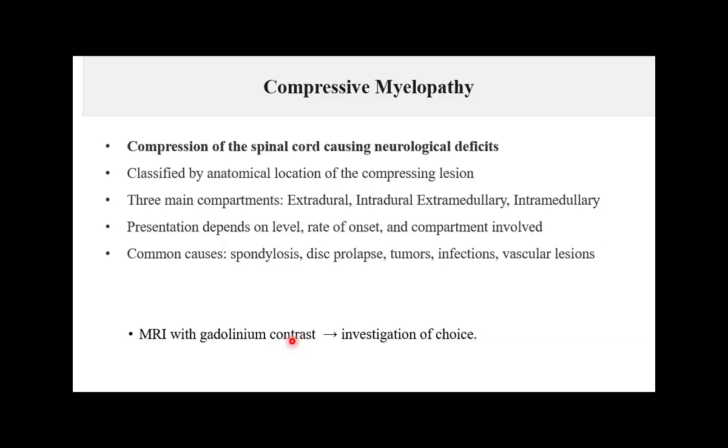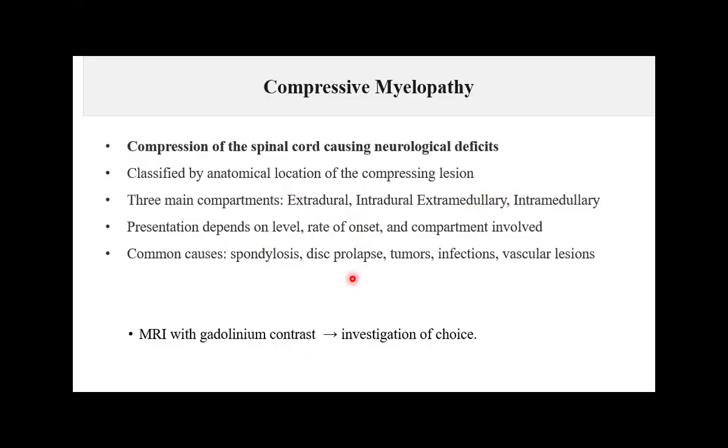Coming to compressive myelopathy: compression of the spinal cord causing neurological deficits. These are classified by the anatomical location of the compressing lesion. So we'll divide them into three main compartments: intramedullary, and extramedullary, which is extradural and intradural. The presentation depends on the level, rate of onset, and the compartment.